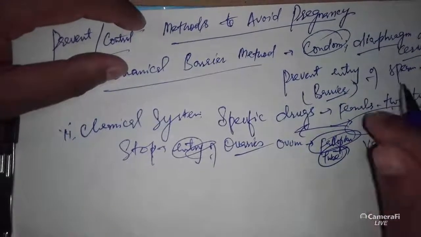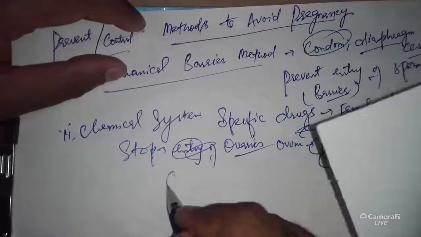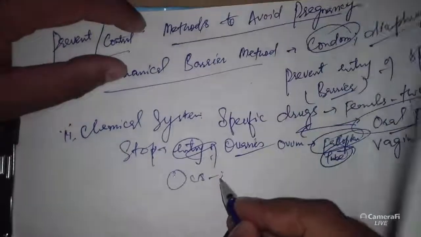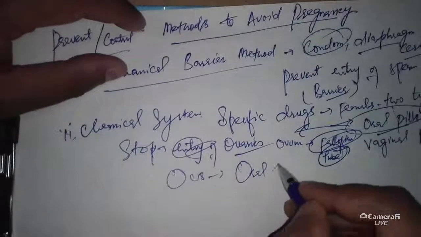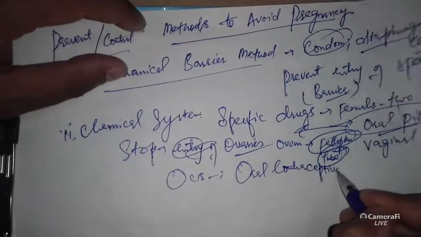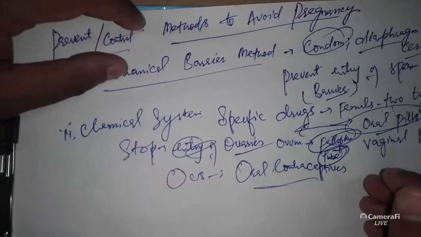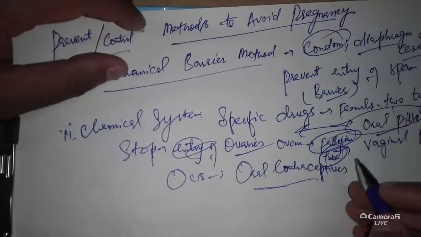These pills are also called oral contraceptives, OCs, which act by changing the hormonal balance of the body.